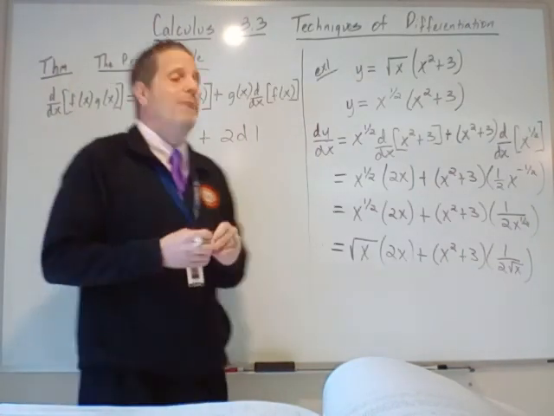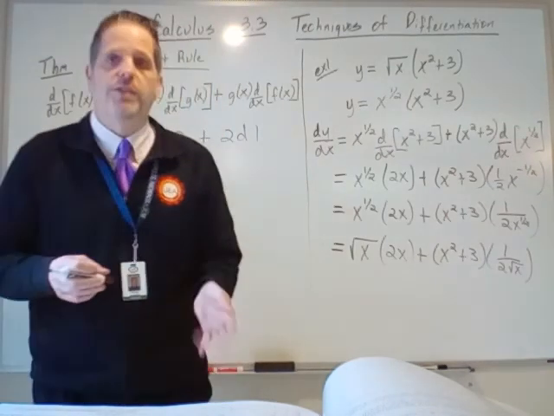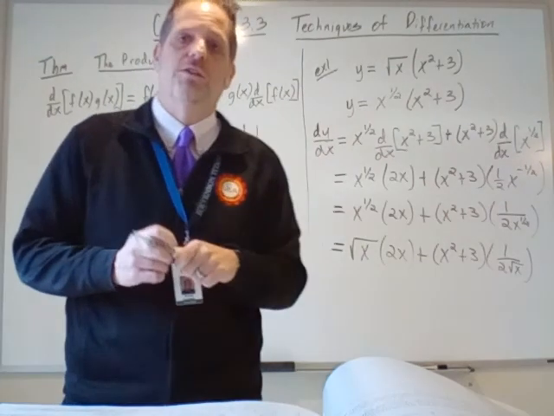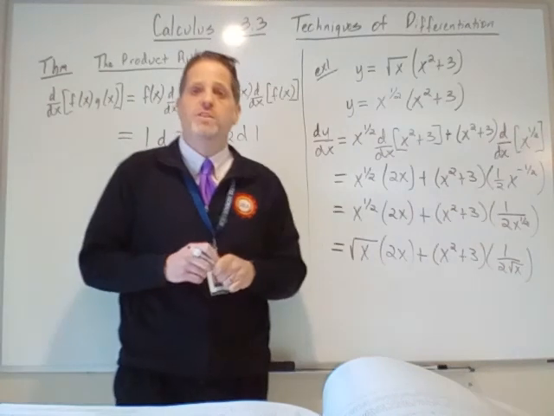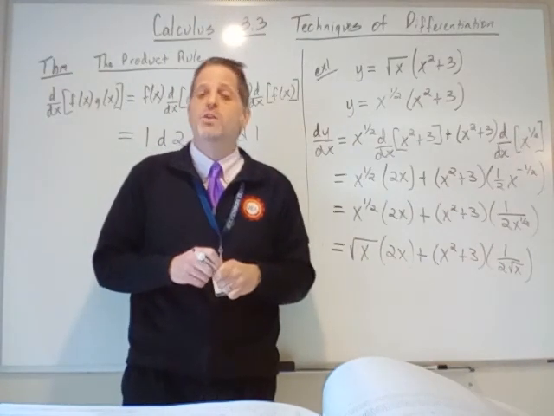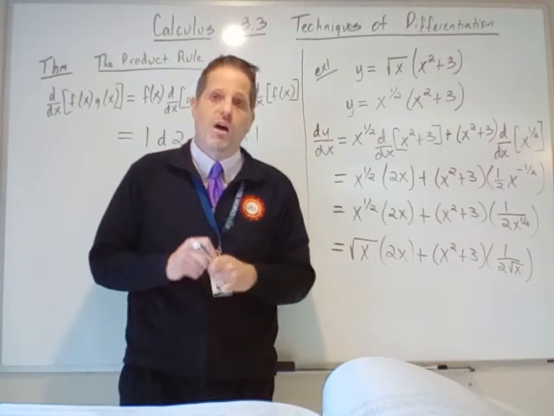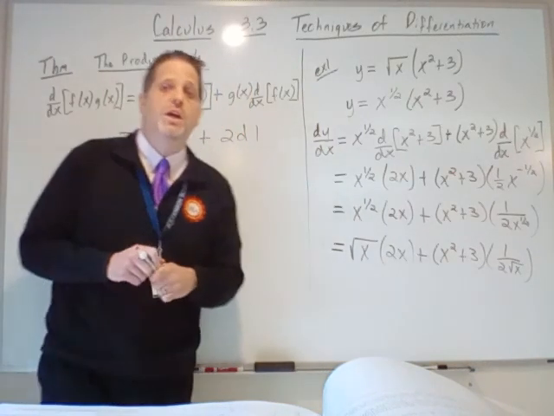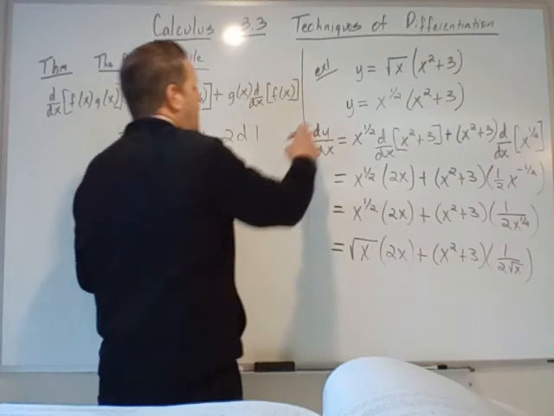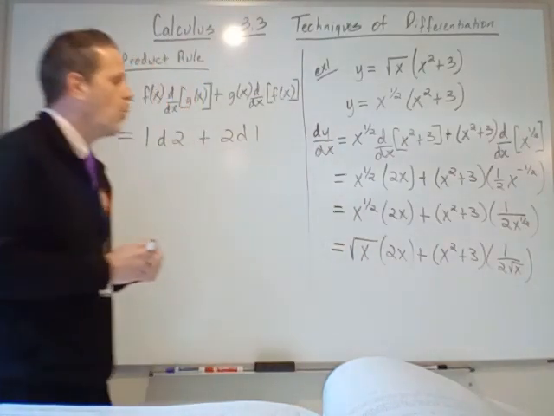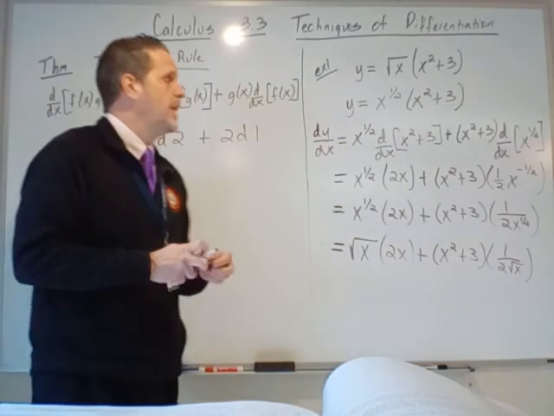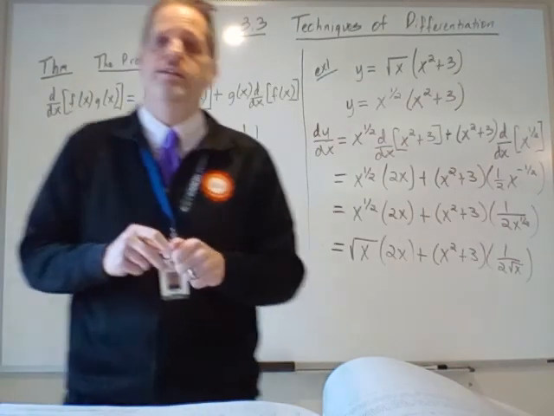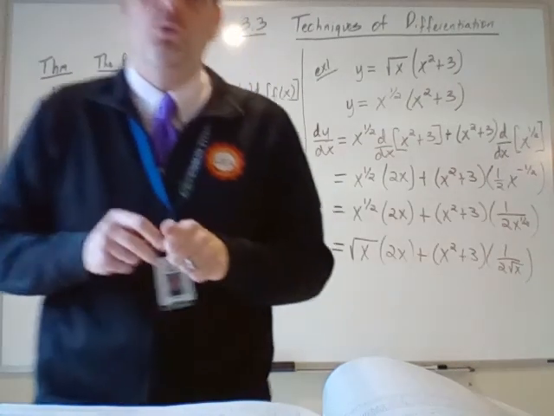And no matter how elaborate the derivative looks, it still serves the purpose as the slope of the tangent line at any x value to the original function, as long as it's defined in that original function. And again, I would have dy dx as I used here for my operator. And that's the product rule, 1d2 plus 2d1.